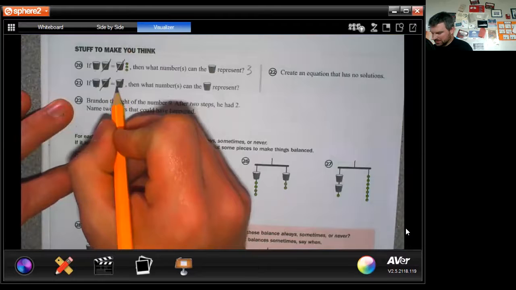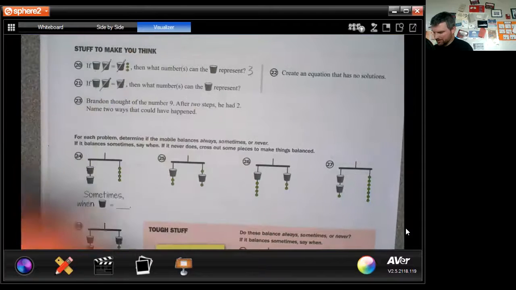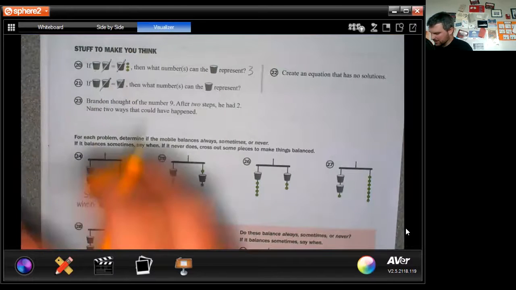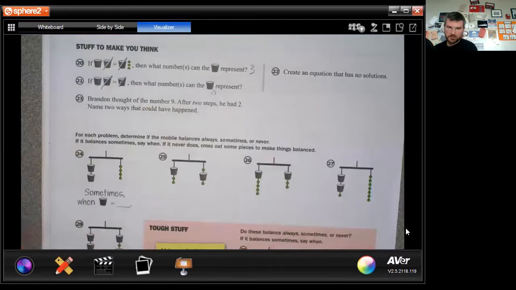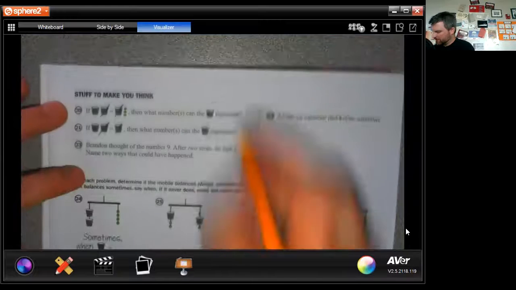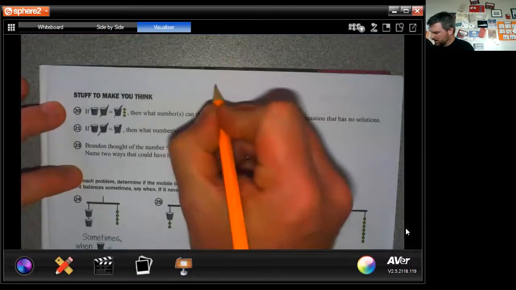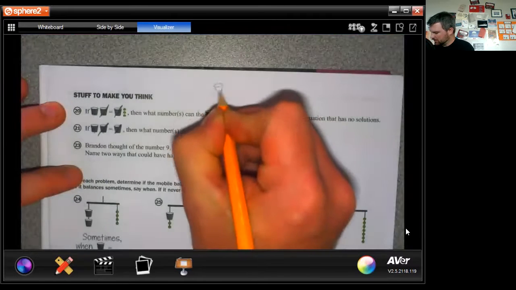And that would be 0. It went away, but we have 0 still holding that side. So 0 is what the bucket is going to represent. Okay. Now, there's a couple things we could say, like, well, what if I had a bucket equals a bucket?